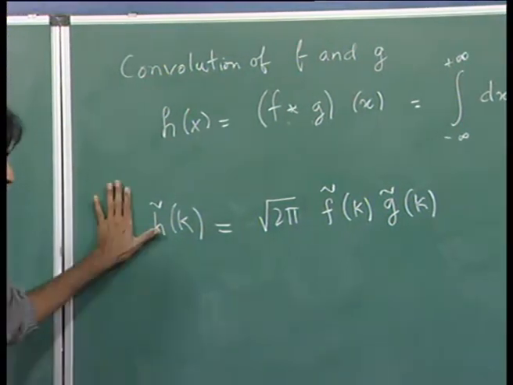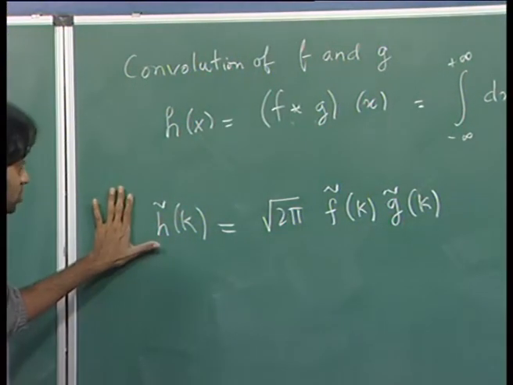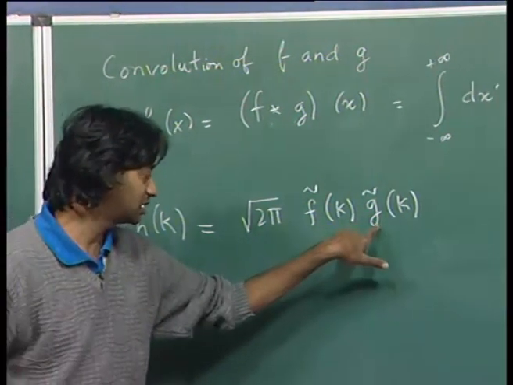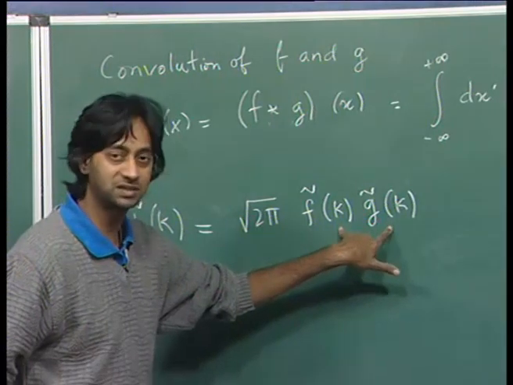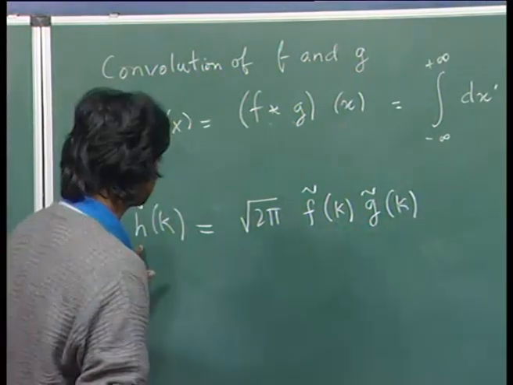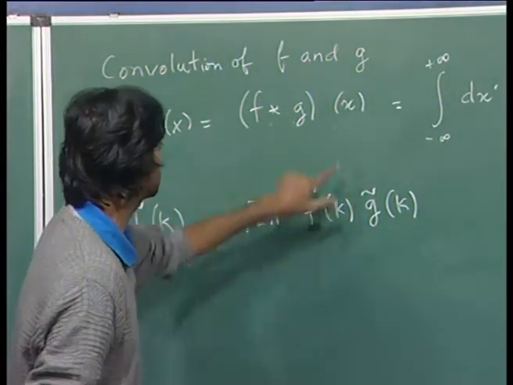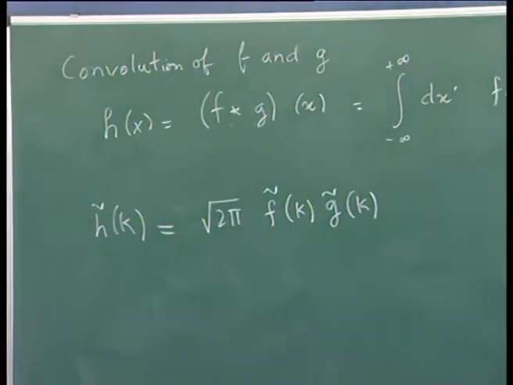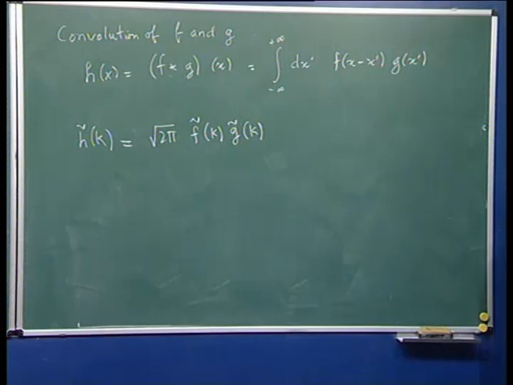This is called the convolution theorem, and it is very useful when you want to invert Fourier transforms. When you have a Fourier transform of this kind and you want to calculate the function of which this is a Fourier transform, you can use the convolution theorem. What we will do next time is use these theorems, and Fourier transforms, to solve certain differential equations.